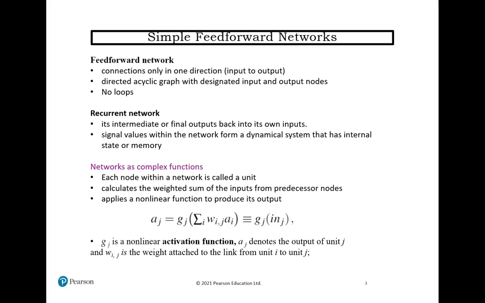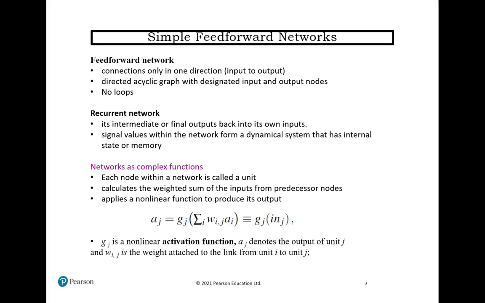So a node within a network is called a unit. And essentially what it does is it calculates a weighted sum of all its inputs from the nodes in the previous layer, and then applies some nonlinear function to this weighted sum to produce its own output. Then its own output becomes the input to the nodes in the following layer and so on.